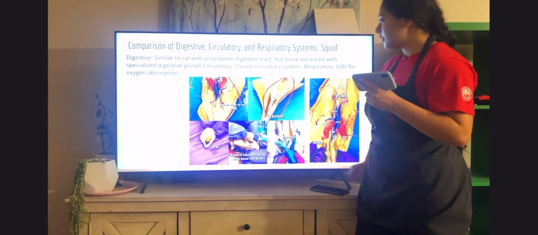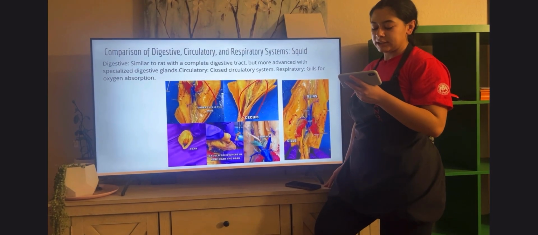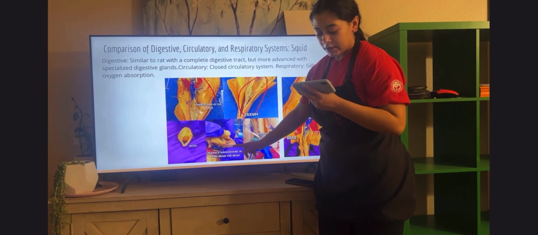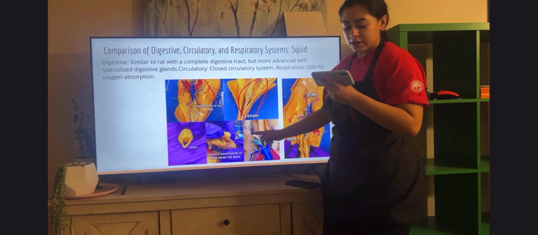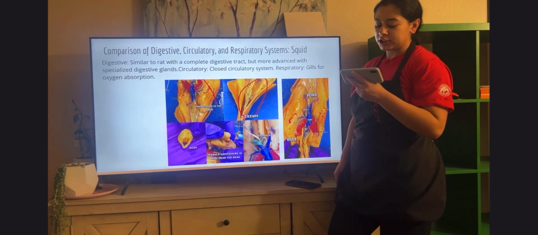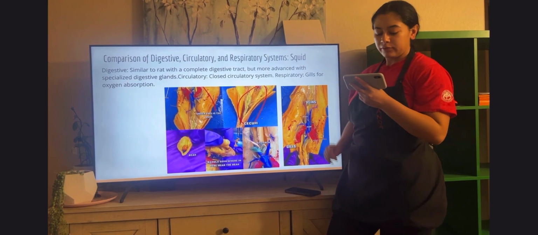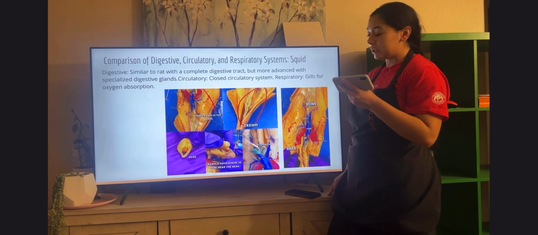And then this squid, like the rat, has a complete digestive tract, however it has the radula somewhere in here, a tooth-like structure to aid in mechanical digestion, which the rat lacks. And the respiratory system of the squid, like the crayfish, relies on gills.